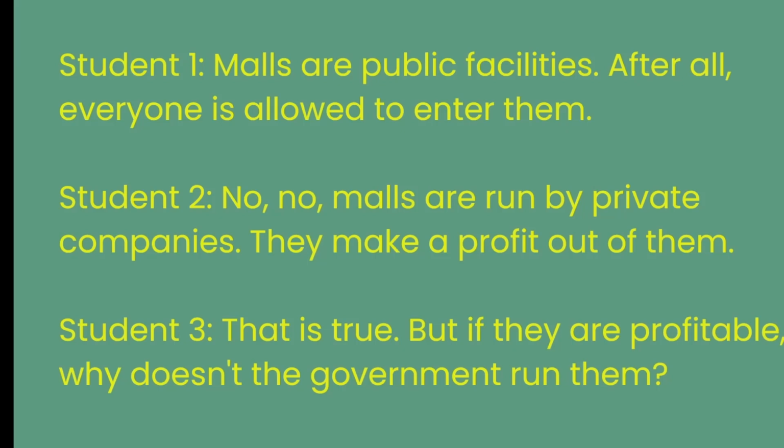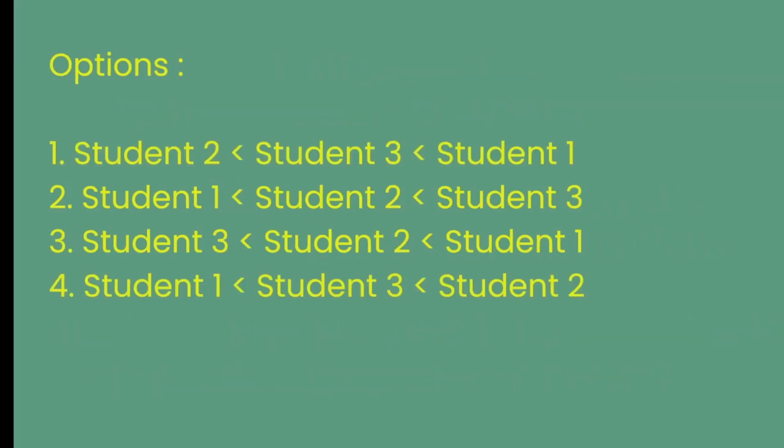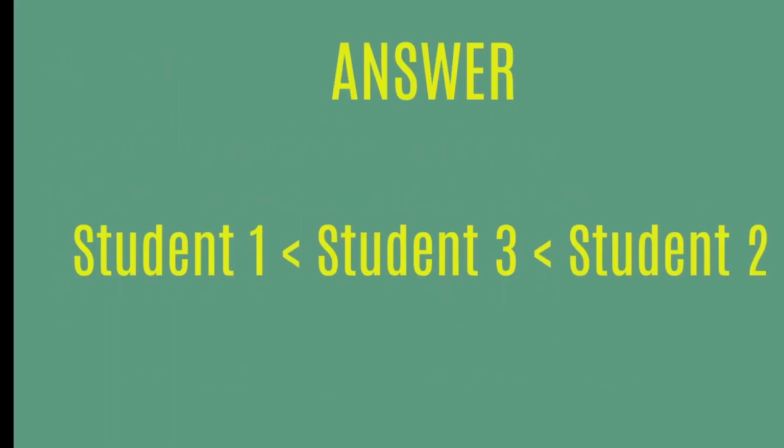So again, conceptual clarity is a little low. So if I have to put them in order, then student 1 has the least, student 3 has the second, and student 2 has the most conceptual clarity about malls. So option number 4, student 1, student 3, student 2 would be the correct answer.